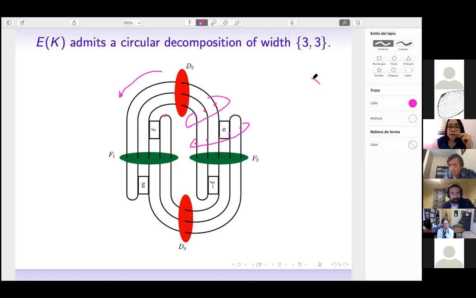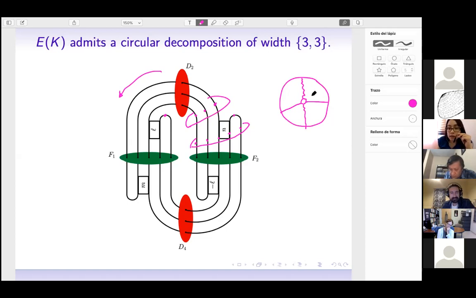So this gives us the decomposition of the knot, such that we have here a thin surface of genus 1, then one of genus 2, then again genus 1, and then a thick surface of genus 2.